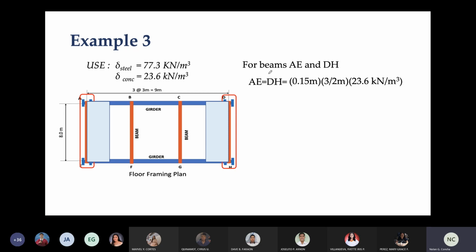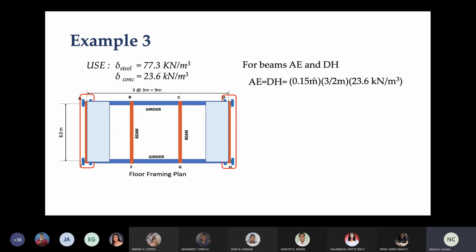And since we are interested in AE and DH, so kalahati lang pupunta doon. And again, we take the area, right? 3 meters at 3. So meaning tag-3 lahat yan. 3, 3, and 3. And that will be kalahati is 1.5, multiplied by 3 over 2. Okay, 3 over 2, that's 1.5.